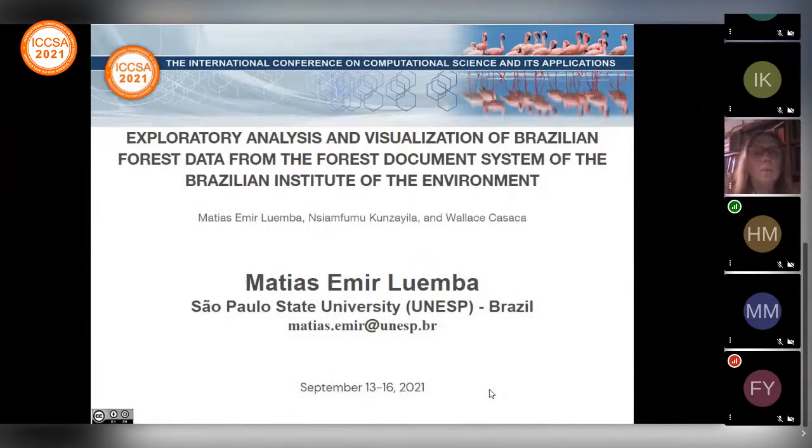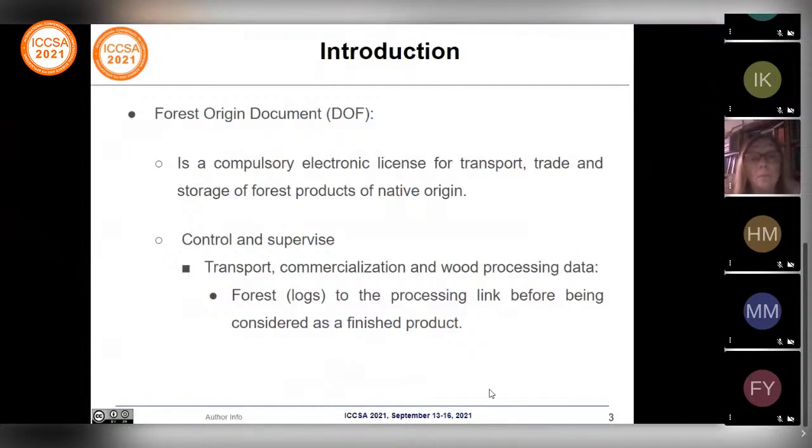Good afternoon, everybody. I'm Matthias Emil Luemba. I'm going to present my paper titled Exploratory Analysis and Visualization of Brazilian Forest Data from the Forest Document System of the Brazilian Institute of the Environment. Introduction.